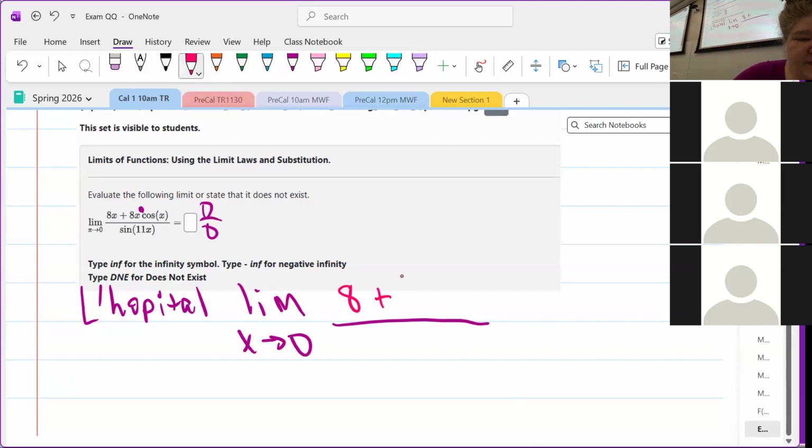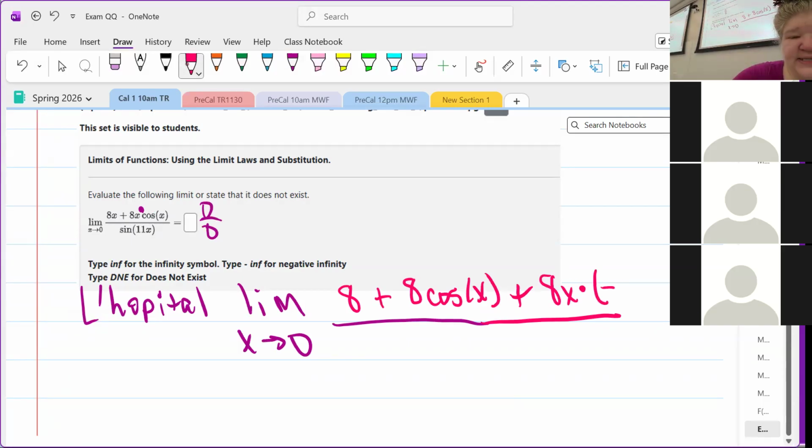So derivative of 8x is 8 times cosine x plus, now I keep the 8x times derivative of cosine x is negative sine x. Now I do the derivative of the bottom. Derivative of sine is cosine, but my inside isn't just an x, it's a little bit more than that, so I need a chain rule.